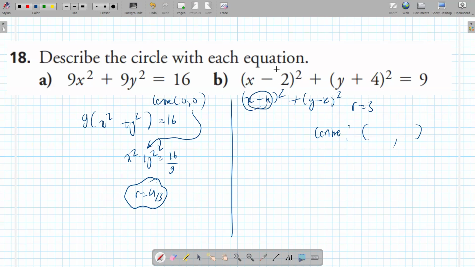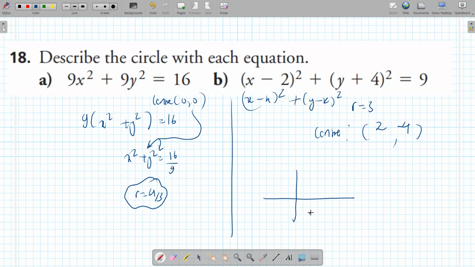Compare this with this. What's our h value? 2. What about our k value? It's negative 4. Because negative k is positive 4, k will be negative 4. So in part B, now our circle is actually at 2 and negative 4.